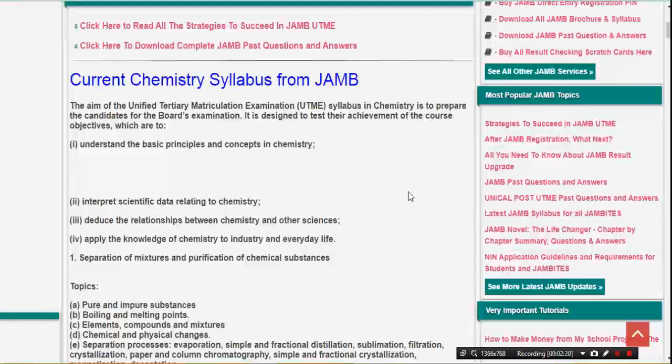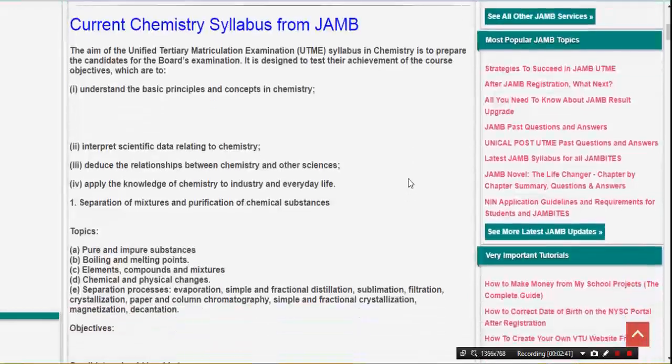It is designed to test their achievement of the course objectives, which are to understand the basic principles and concepts in chemistry, interpret scientific data relating to chemistry, deduce the relationships between chemistry and other sciences, apply the knowledge of chemistry to industry and everyday life. Now, those four things I just called are the objectives of this JAMB syllabus.